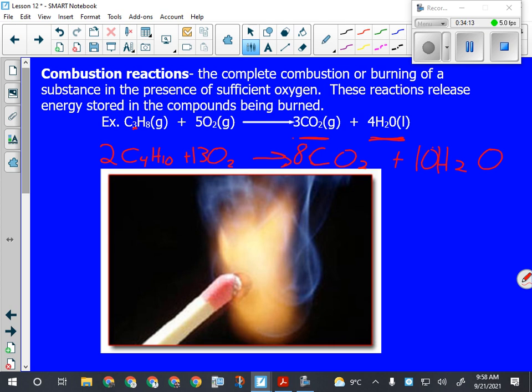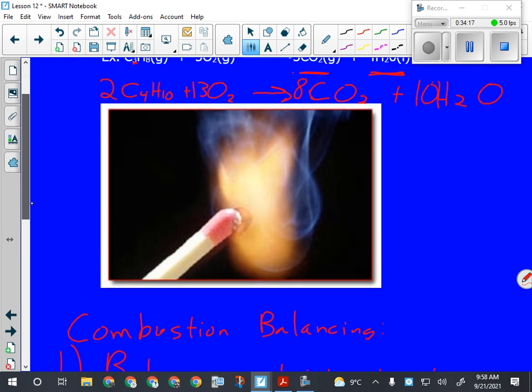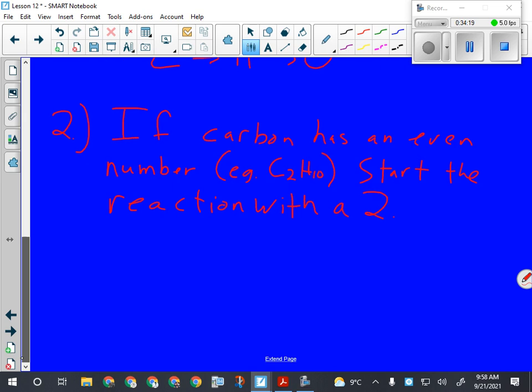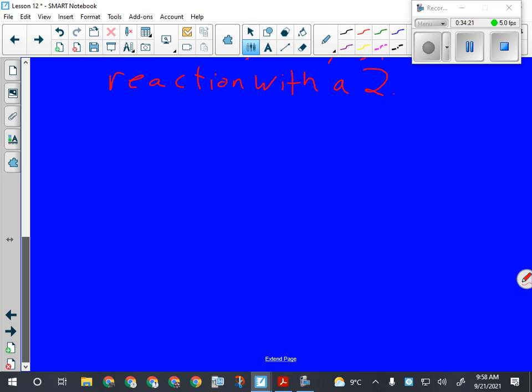That doesn't happen if I have an odd number of carbons. So if I have an odd number of carbons, let's just write one here that has an odd number. Let's say C5H12 plus O2.